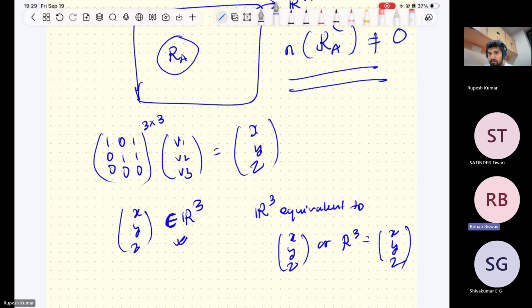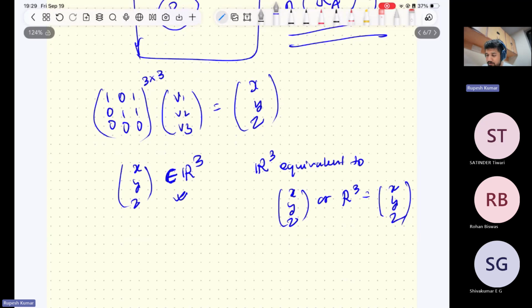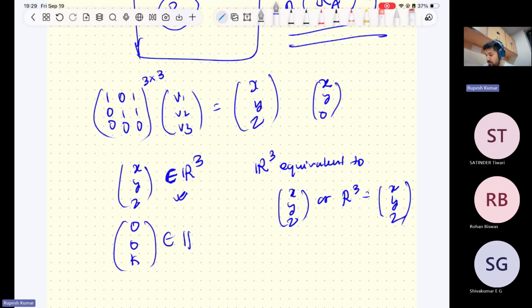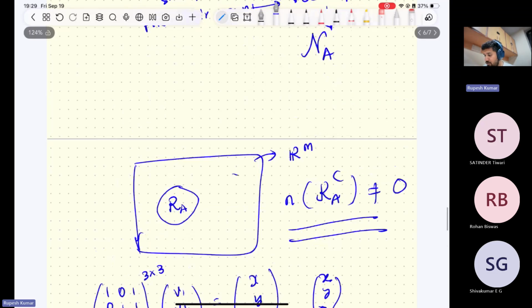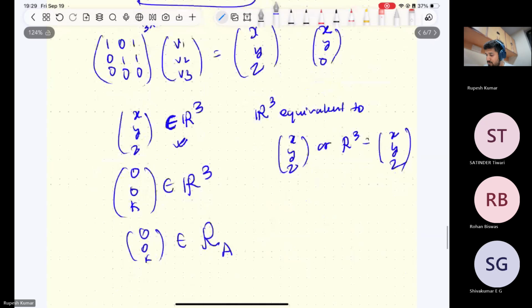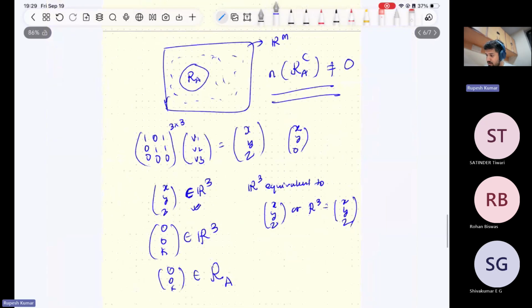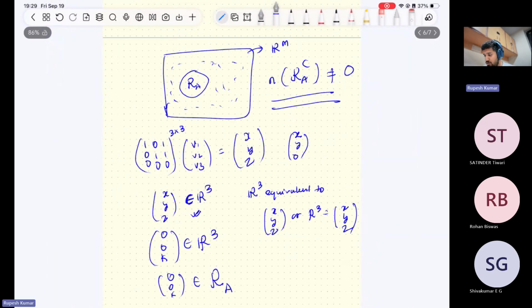Whenever you do this matrix vector product, you will always get x, y, 0. So there are vectors 0, 0, k that belong to R3 but do not belong to the range of A. So there will be some non-zero vectors here, a set with non-zero cardinality outside the range of A.